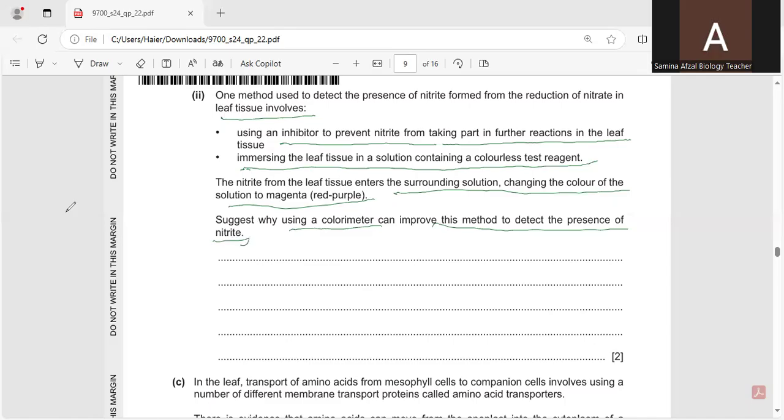So it can detect the smallest changes. And second, it can also provide quantitative results.